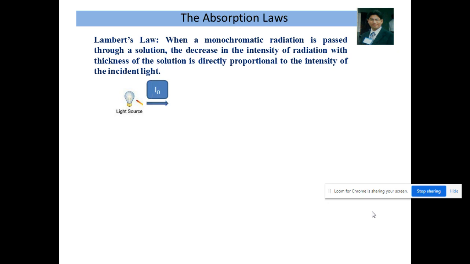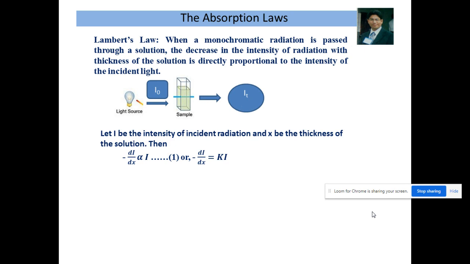Suppose the initial intensity is I0 and it passes through the sample, and finally the intensity is IT. Let I be the intensity of the incident radiation and x be the thickness of the solution, then minus dI by dx is directly proportional to I, or minus dI by dx is equal to kI.